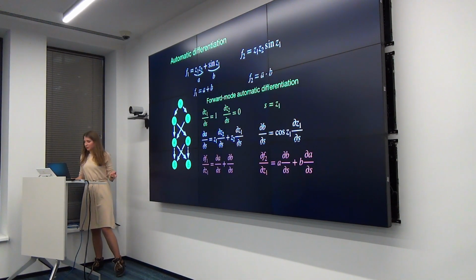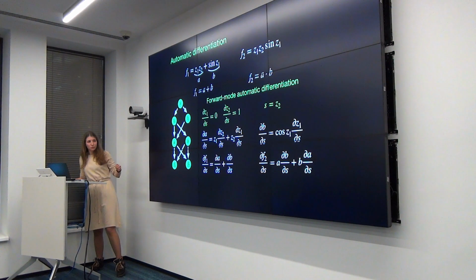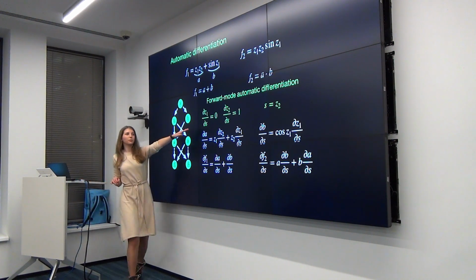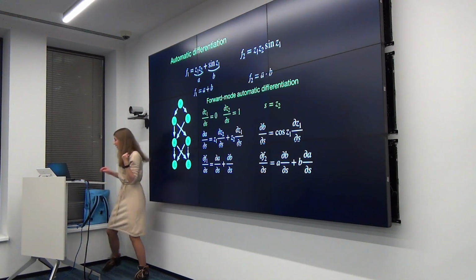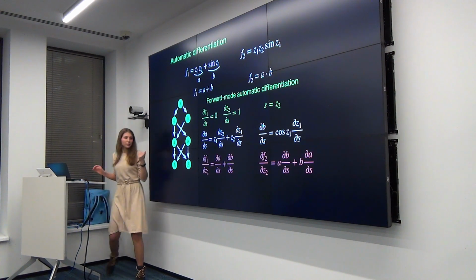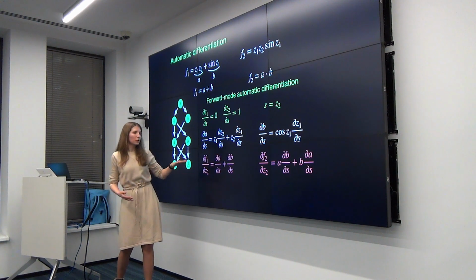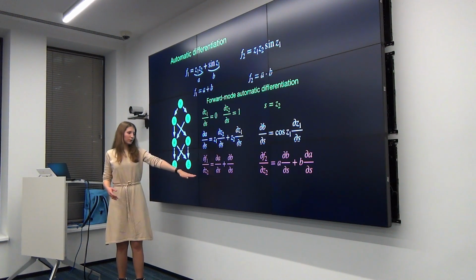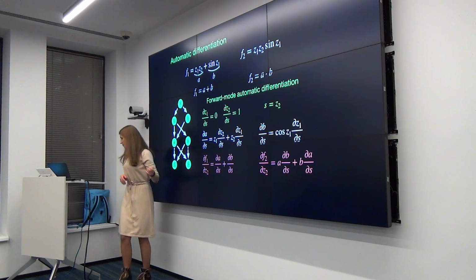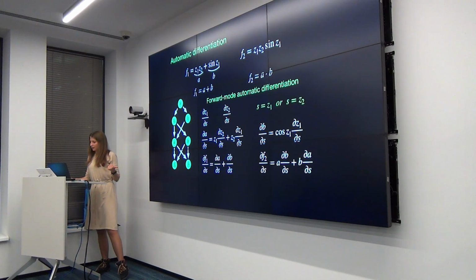The same we can do for z2. We will have another input vector for our graph, and we will get derivatives of all components of our output with respect to one component of the input, z2. Okay, and what do we understand from it?